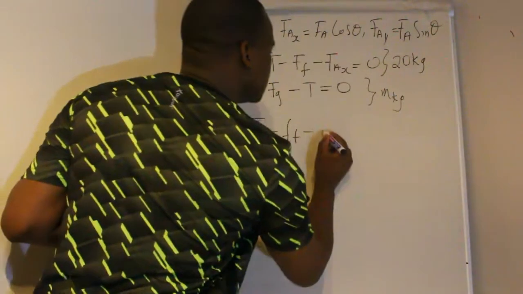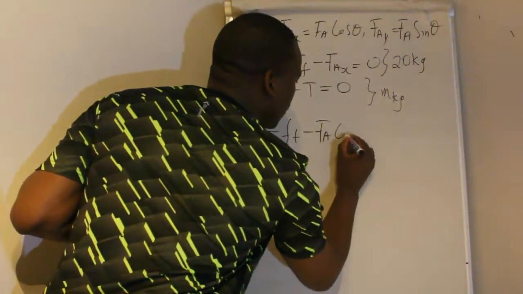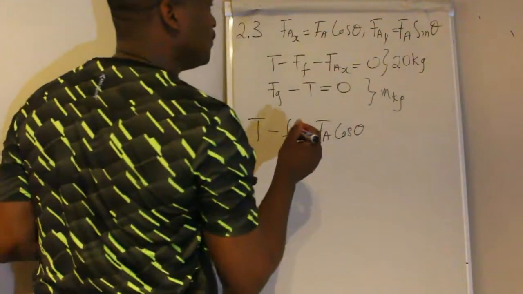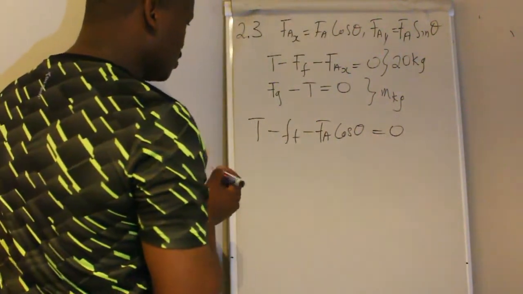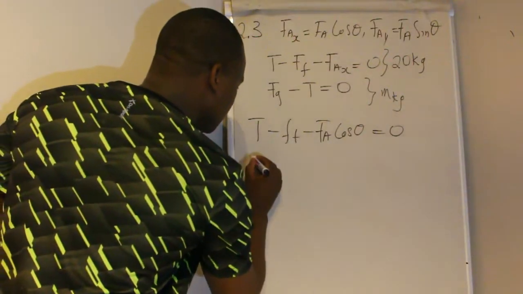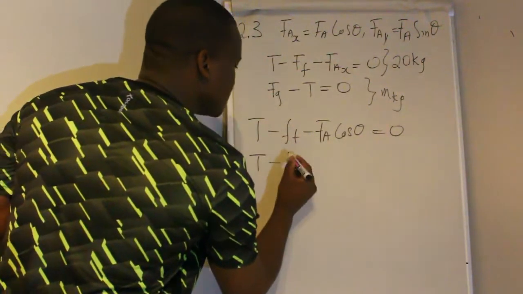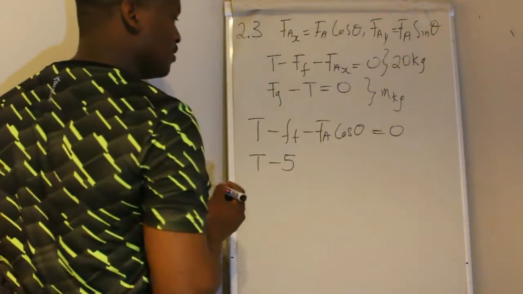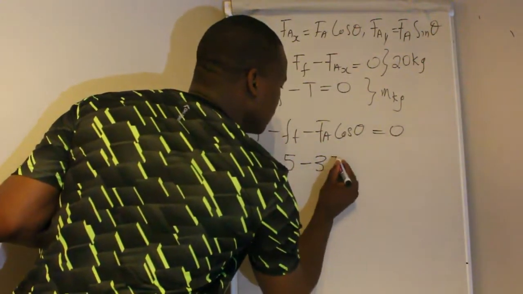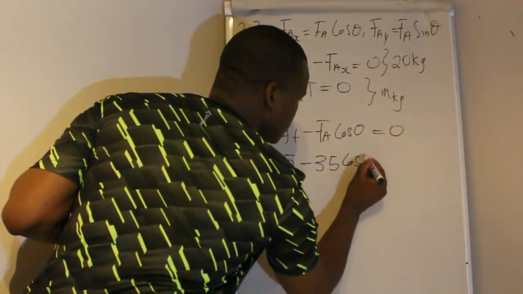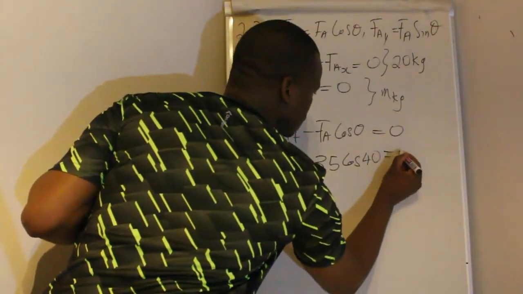FAX is this, which is FA cos theta, is equal to 0. They said frictional force was 5. So T minus 5 minus 35 cos 40 degrees is equal to 0.